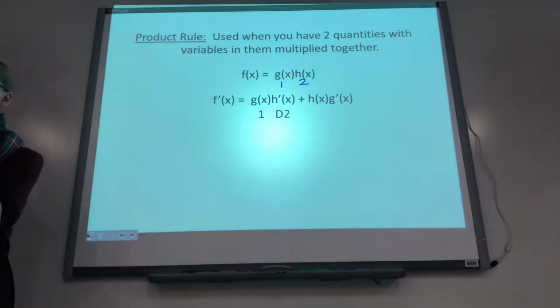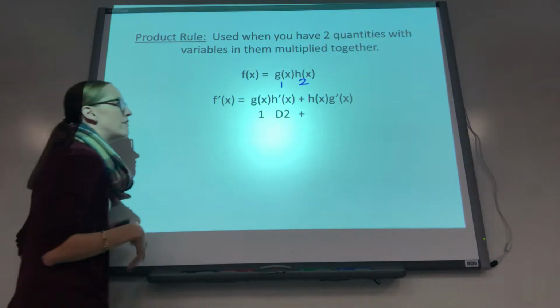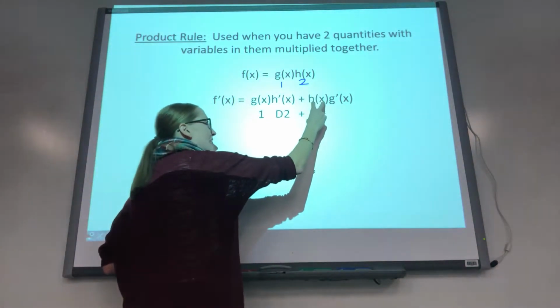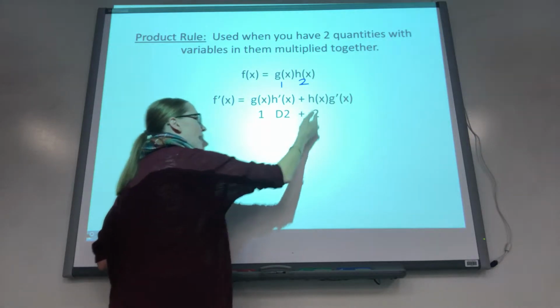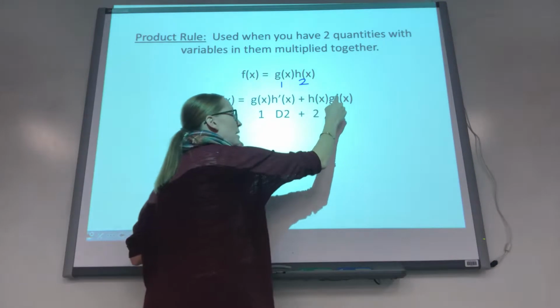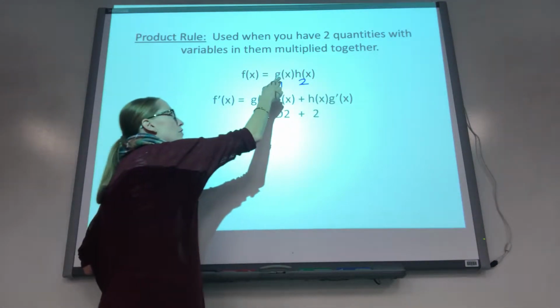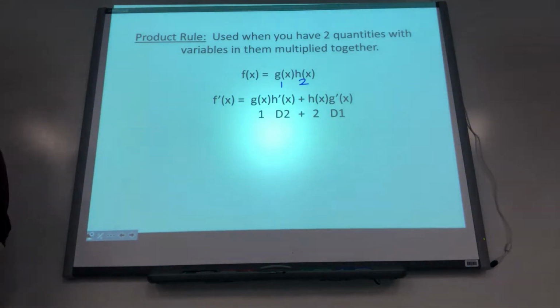Okay, now I don't have anything to put in for the plus sign. The plus is still plus. But h of x, that was the second part. I'm going to call that just 2. And then g prime, that is the derivative of the first part. So I'm going to call that d1.